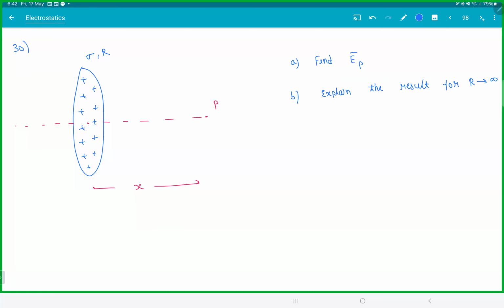How do we start? Just to give an idea, we'll start like this. Take a ring at a distance X. You already know the ring ka result.